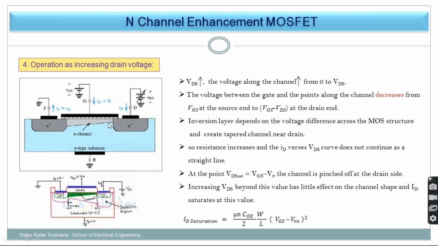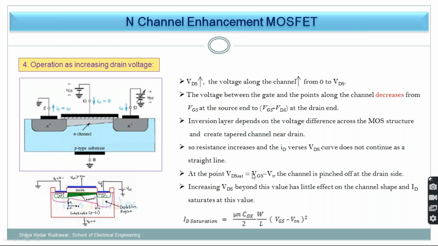Why is this happening? Previously, we gave a small VDS, and I told you that the PN junction becomes reverse biased, and that's why the depletion region increases. Now, if you increase VDS again and again up to a particular limit, that is VDS saturation, which is VGS minus VT.